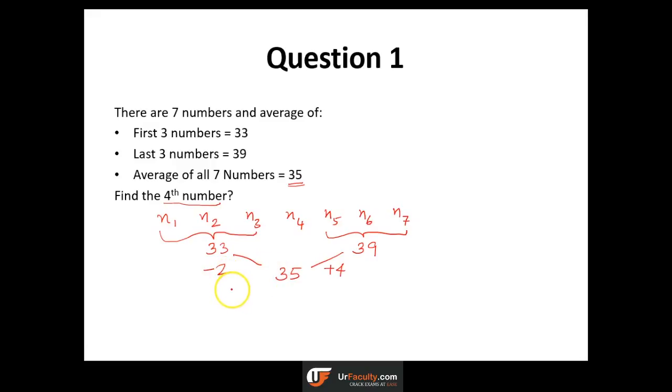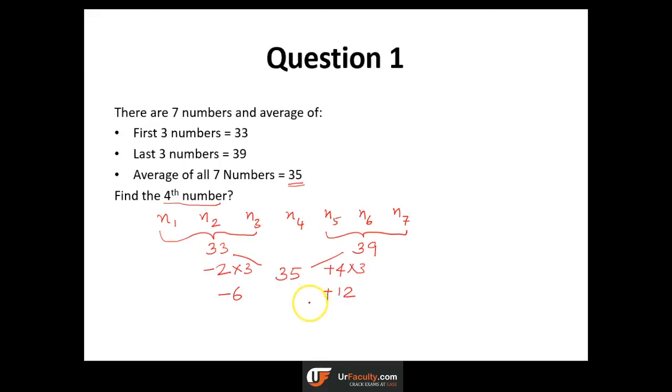The most important thing which you should not forget here is how many numbers are there for this particular series. There are 3 numbers. So we need to multiply by 3 here, and here similarly by 3. So you have minus 6 and plus 12.